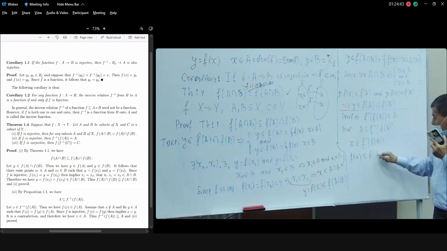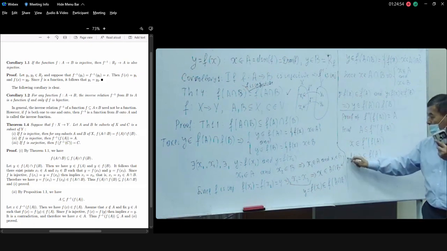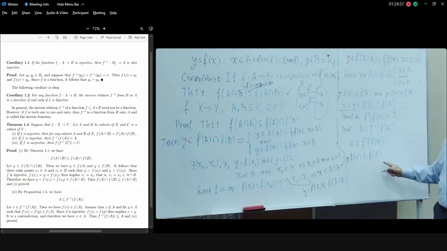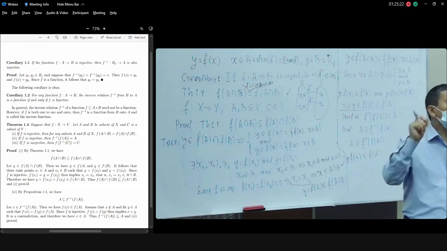If I act, you see, f of f minus 1 is the identity on f of A. So this element y actually belongs to f of A currently. So next, this is the first step. Second step, this is done. Then we assume that, okay, you see here they use what we call the contrapositive method.